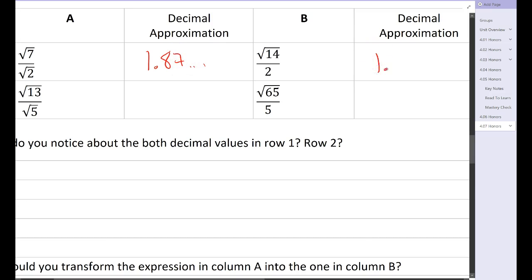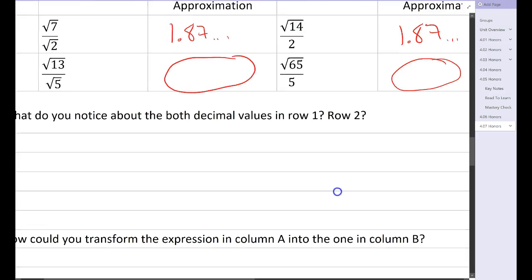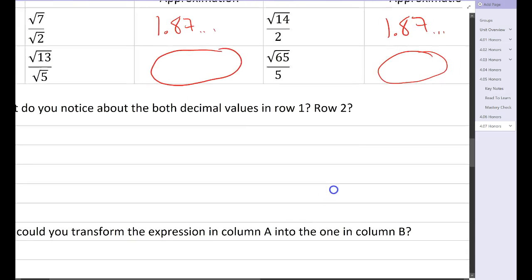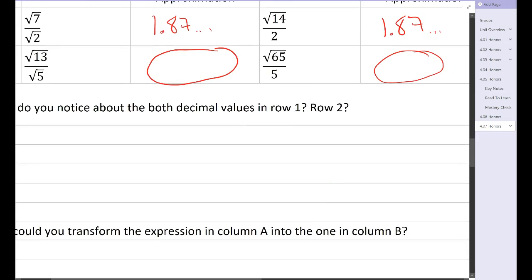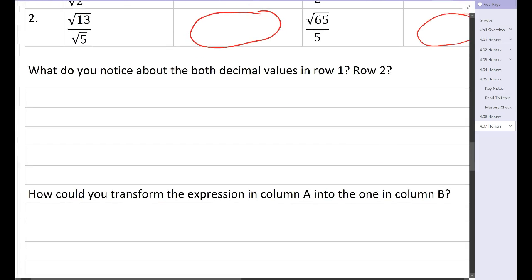And here you also got 1.87-ish. And you would have also noticed that down here, you're going to be getting the same numbers as well. If you did not, I'd go back and check exactly what you did on the calculator because unfortunately you had a misclick somewhere.